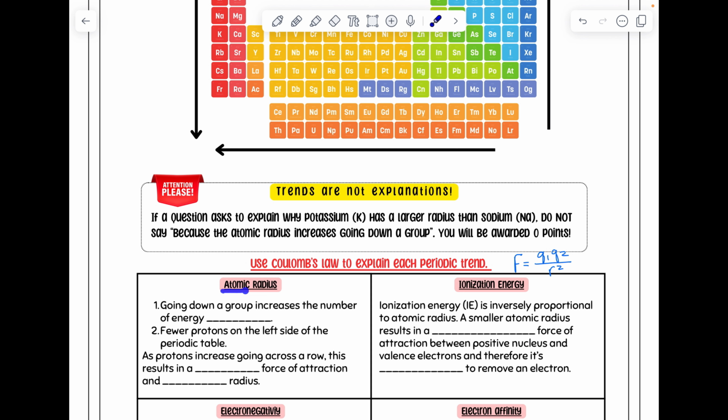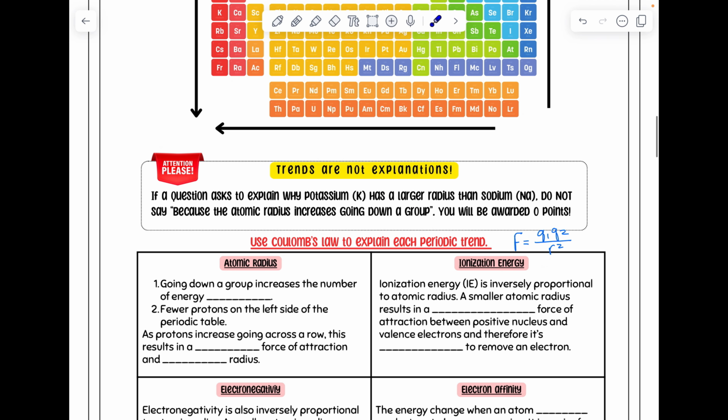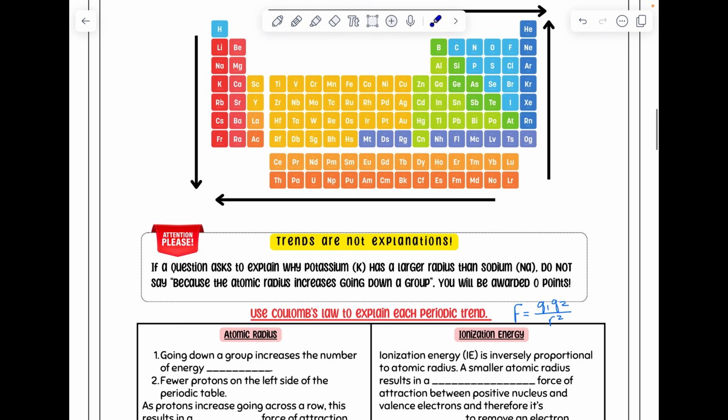The first one we're going to talk about is atomic radius. Remember, as you go down a group, and these columns are called groups, your energy levels increase. We had our s section over here, energy levels 1, 2, 3, 4, 5, 6, 7. As energy levels increase, you get further away from the nucleus.